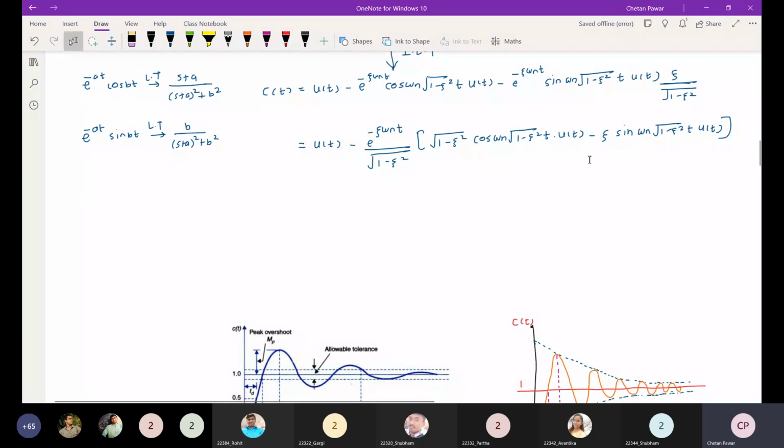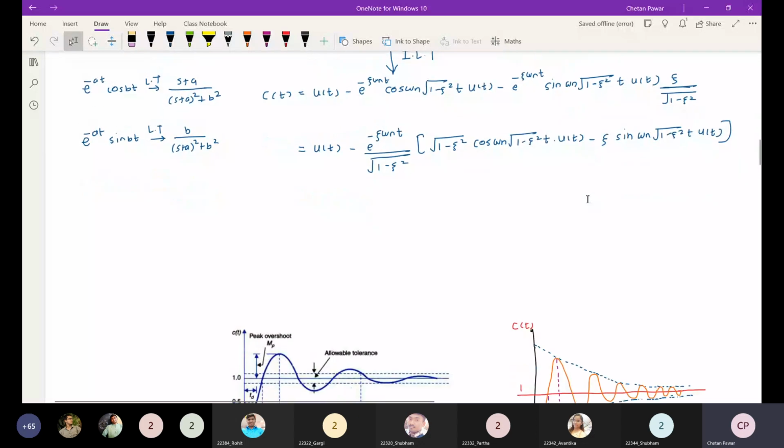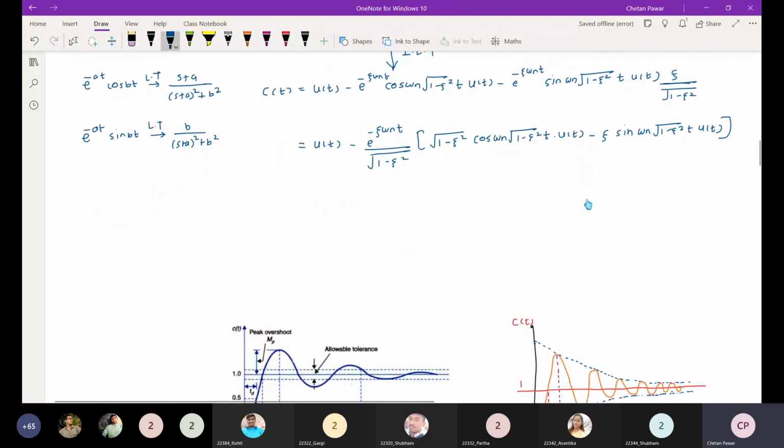Now here, if I say zeta is equal to cos theta, tell me what will be sine theta then?